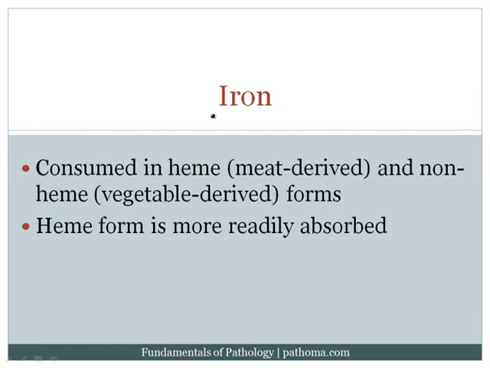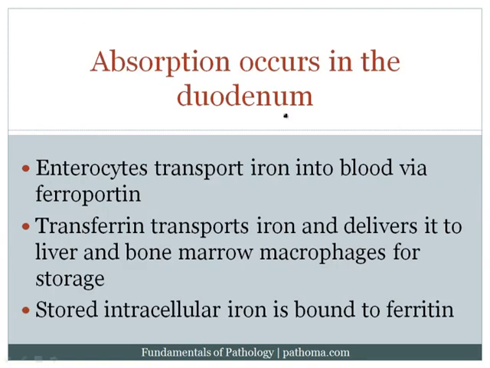Now, a little bit about the biochemistry of iron. You do need to understand it to understand some of the high yields for this disease. Iron is consumed in both heme, which is meat-derived, and non-heme, which is vegetable-derived, forms, and the heme form, i.e. the meat-derived form, is more readily absorbed. Absorption, of course, occurs in the duodenum. You do need to know that.